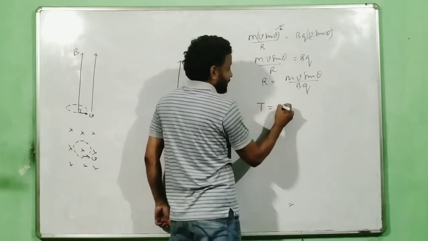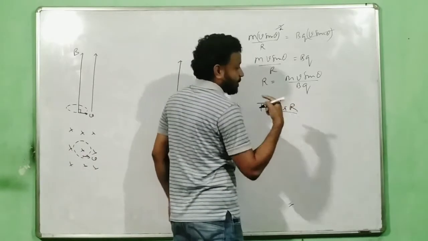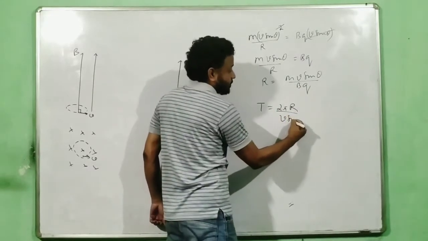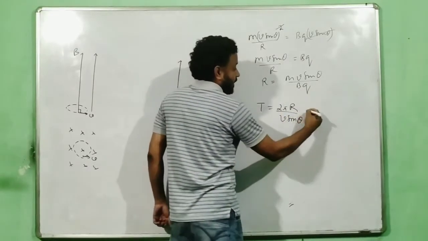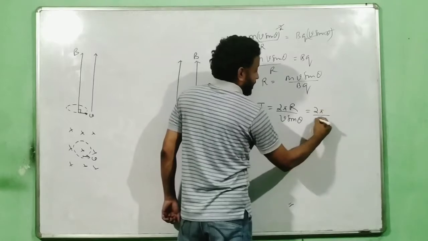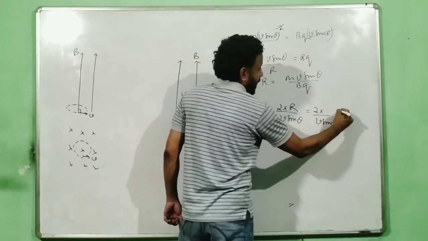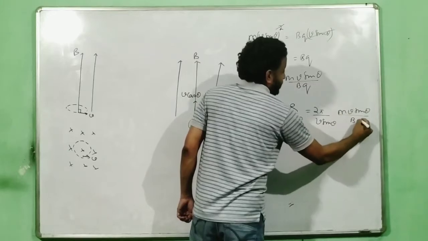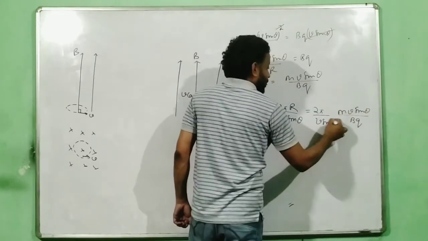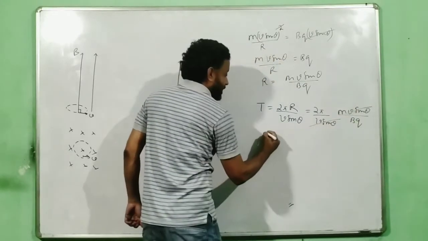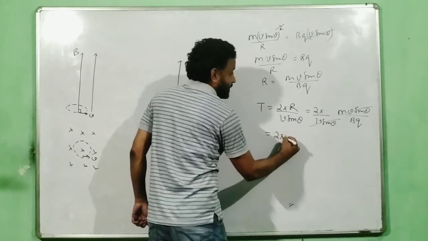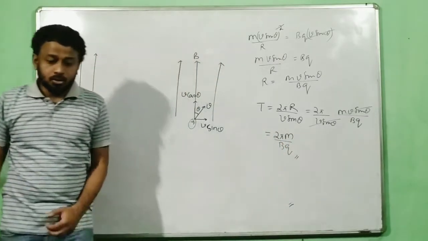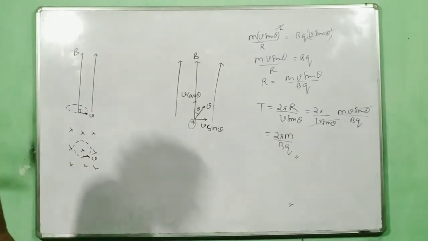For one rotation it will be 2 pi r divided by the velocity with which it is moving in a circle, and that velocity is v sin theta. So that is 2 pi divided by v sin theta into r. R is mv sin theta divided by BQ. So V sin theta will get cancelled out, and we are back to the same equation, 2 pi m by BQ. Nothing has changed.